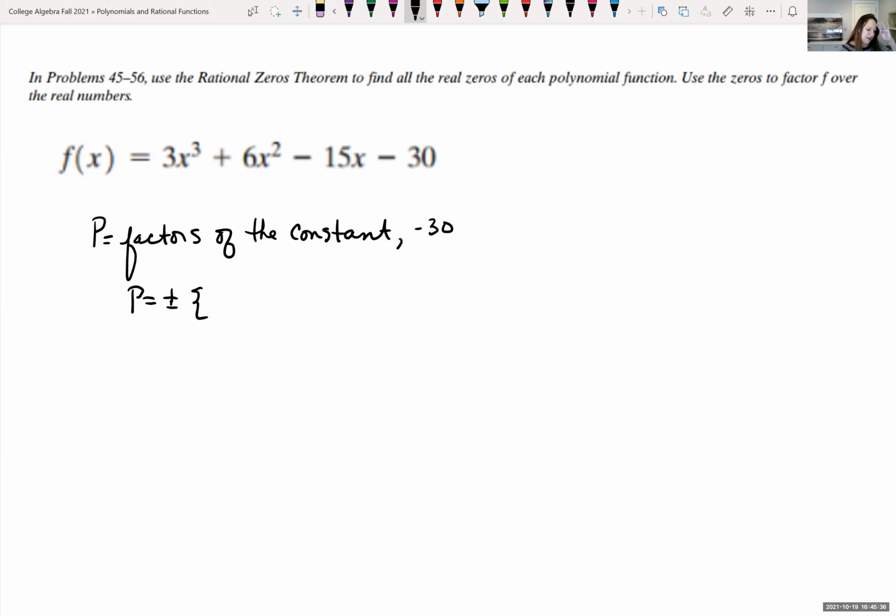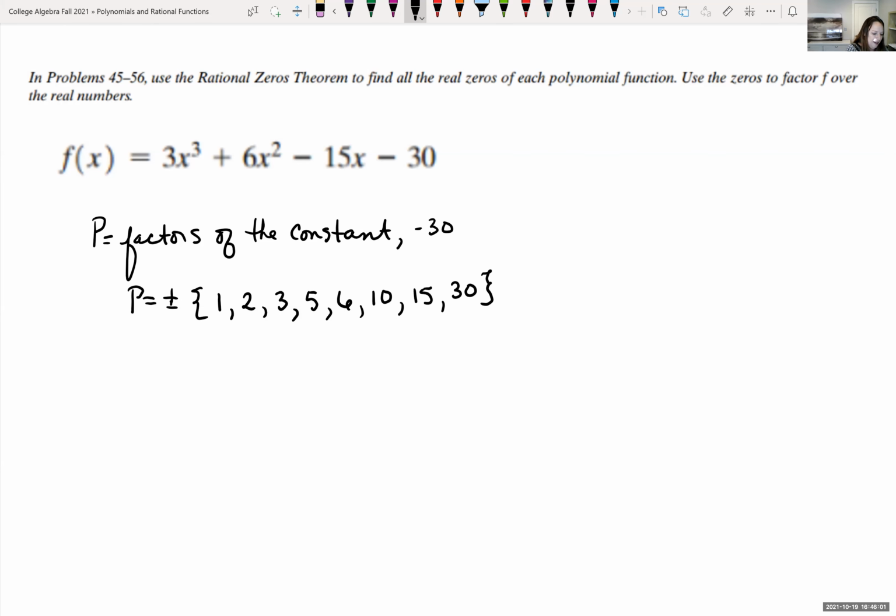I really don't care about the negative because I have plus or minus here. So numbers that go evenly into 30: 1 goes in there, 2 goes in there, 3 goes in there, 4 does not, 5 goes in there, 6 goes in there, 10 goes in there, 15 goes in there, and 30 goes in there.